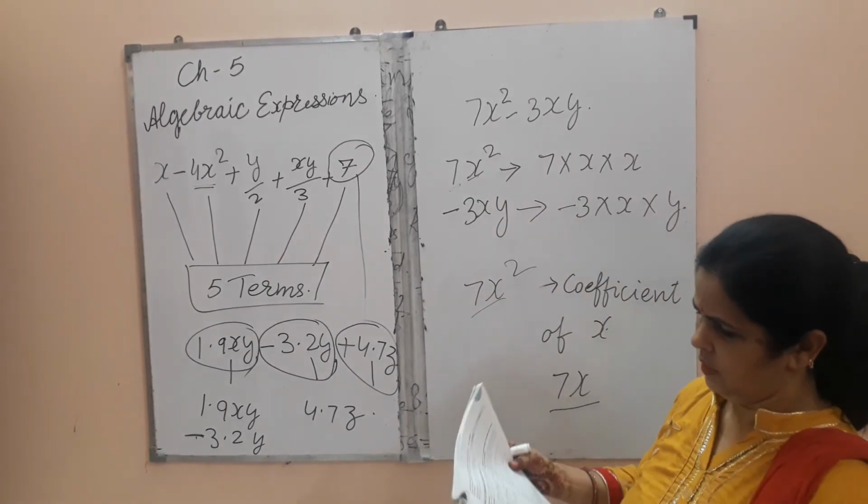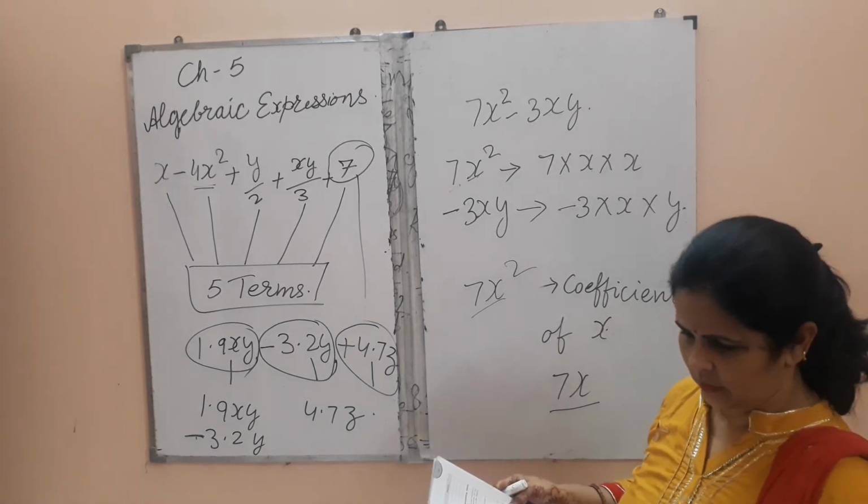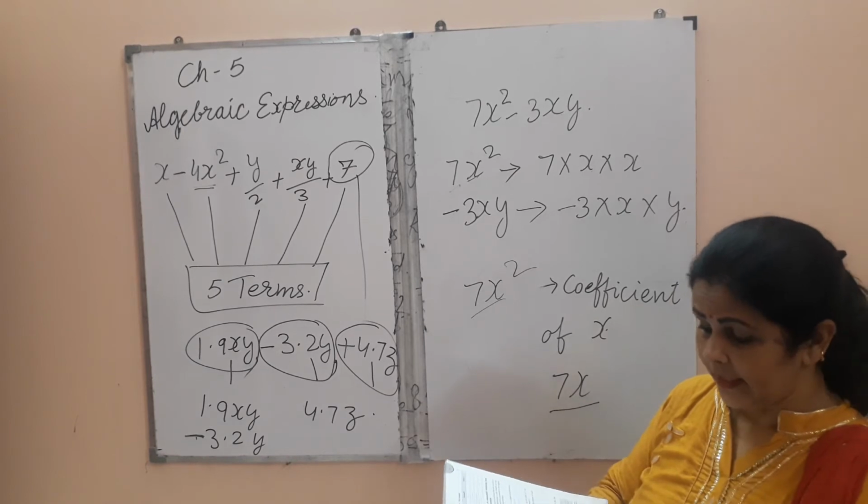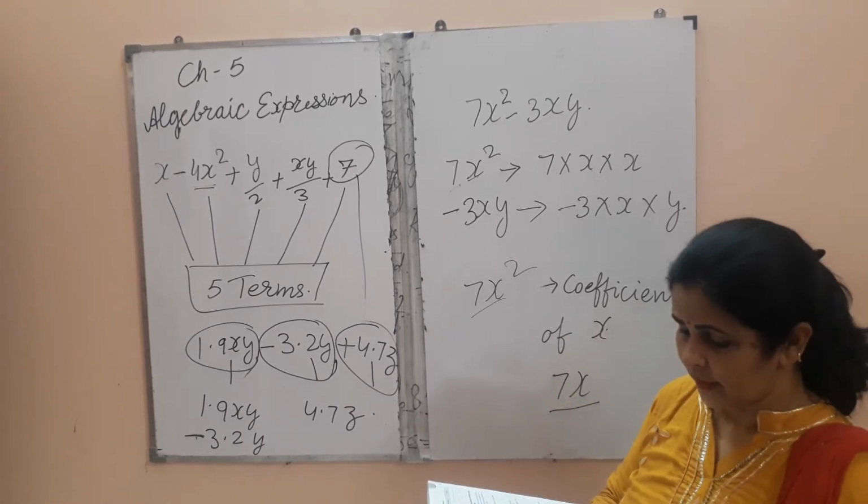Now types of algebraic terms. Next is like and unlike terms.